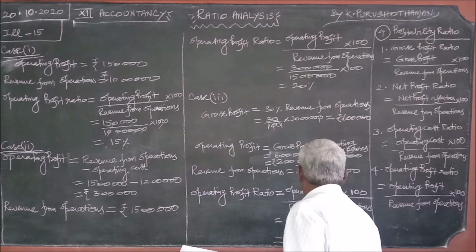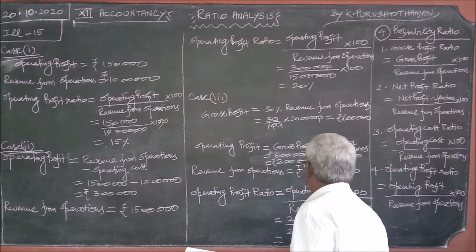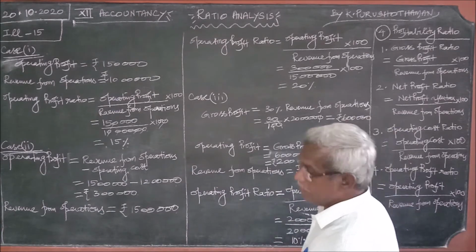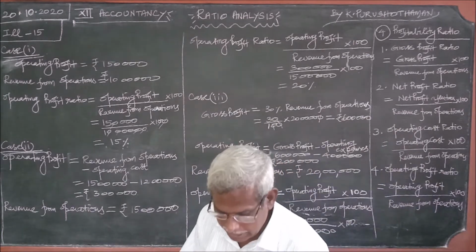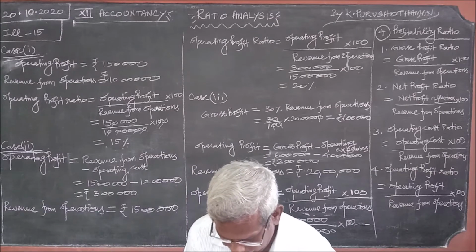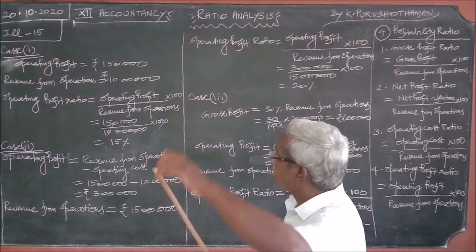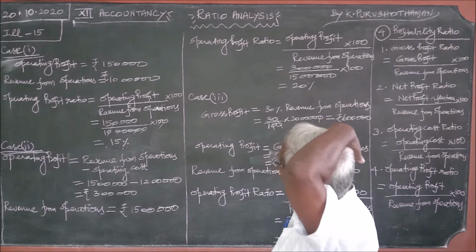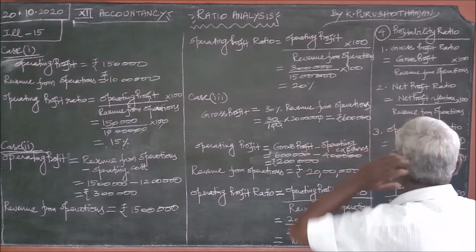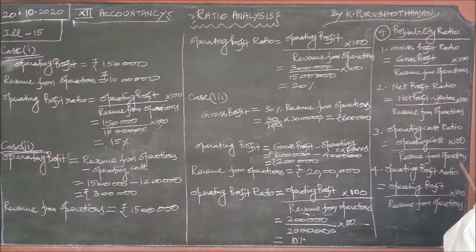This is 10%. These are the 3 cases given in illustration 15. Once again, we shall discuss. This is the 4th type of ratio, that is operating profit ratio. Operating profit ratio is equal to operating profit by revenue from operations.